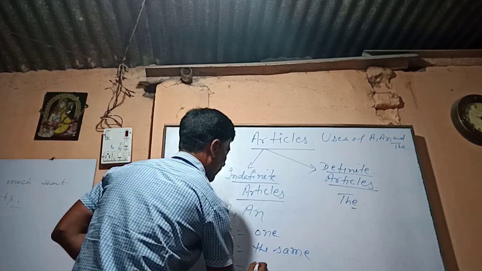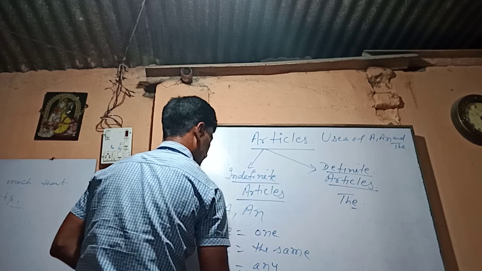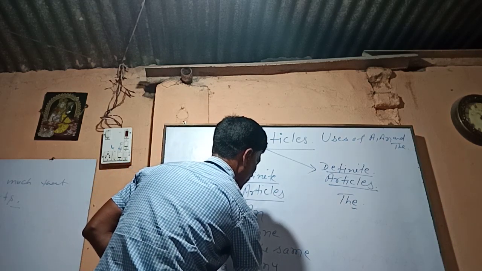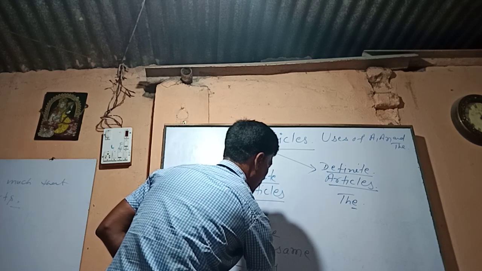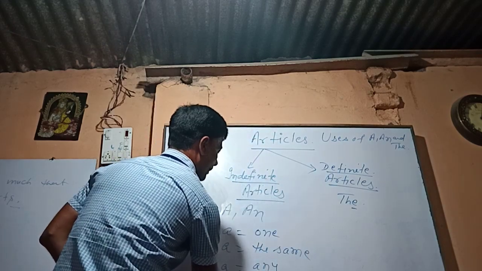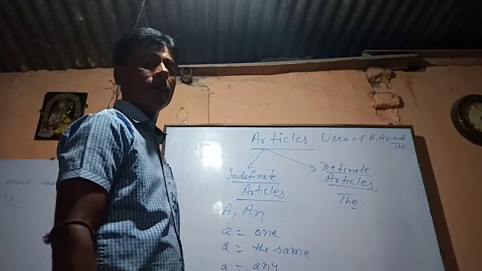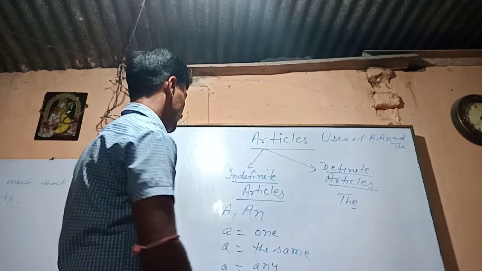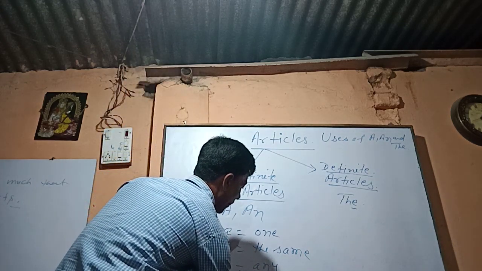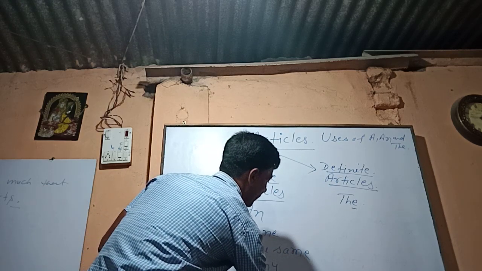A means any. A means on. In Hindi it is par, used as a preposition. And another meaning of A is per. In Hindi it is prati.